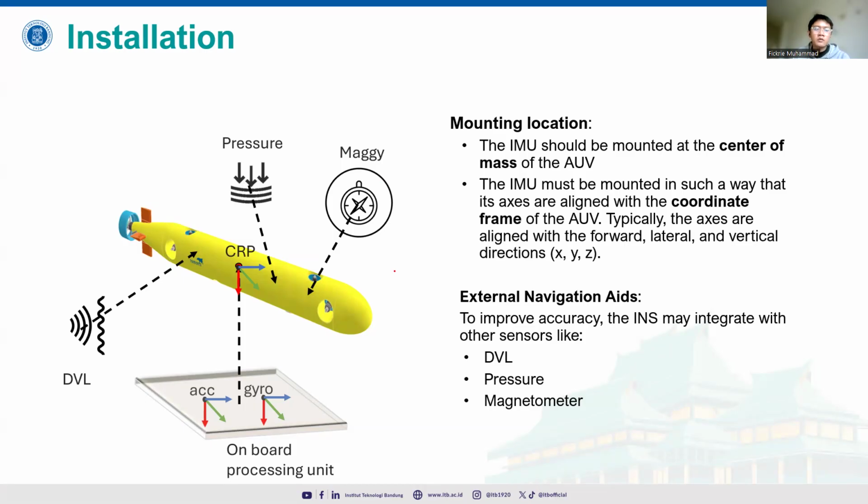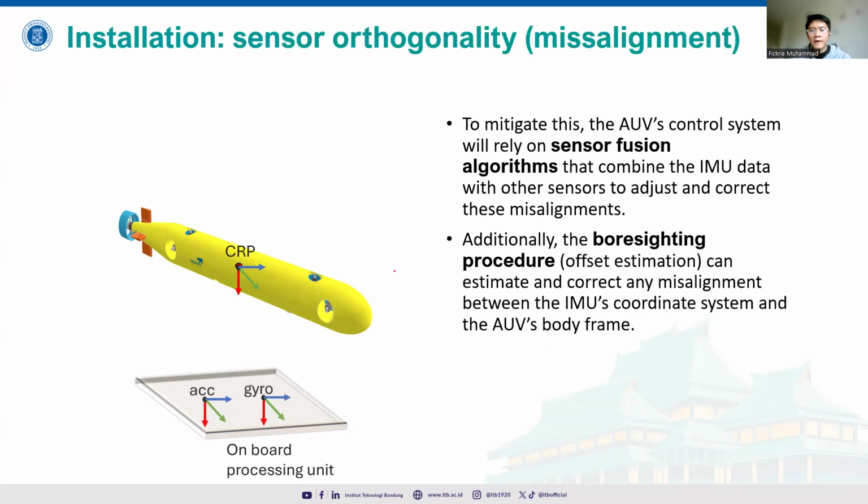And worse, we'll be losing our system, which is sometimes very expensive because it's equipped with not only the inertial navigation system, but also other mapping systems, like acoustic multi-beam, side-scan sonar, forward-looking sonar, underwater lidar, cameras, etc., which is very expensive.